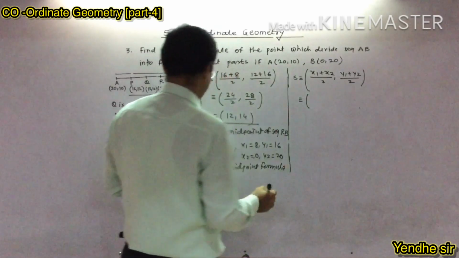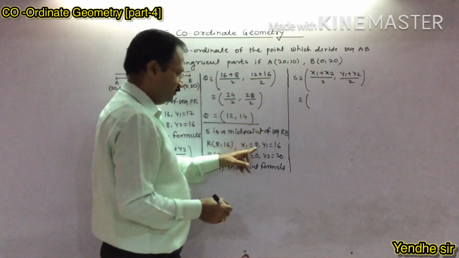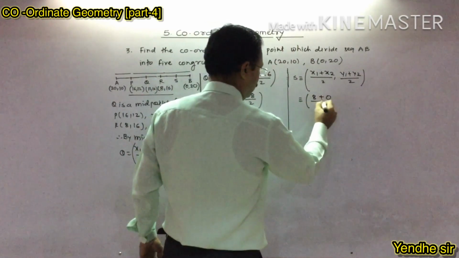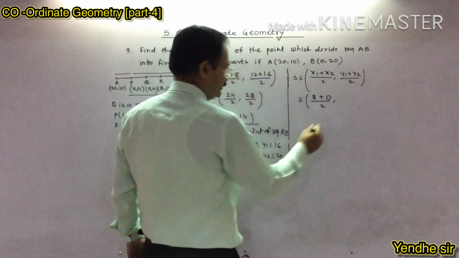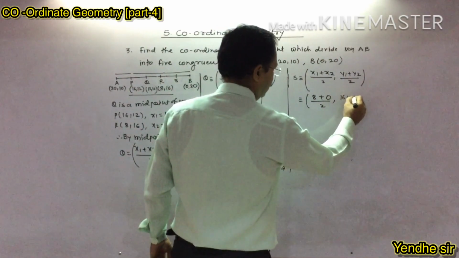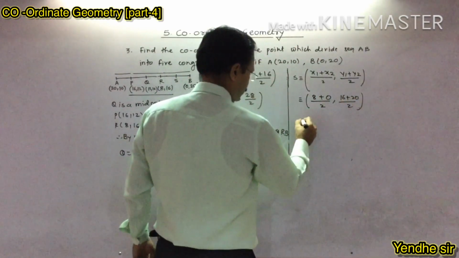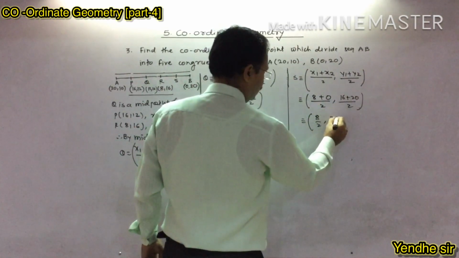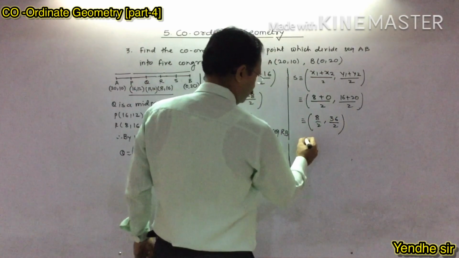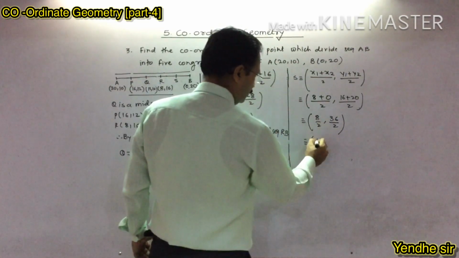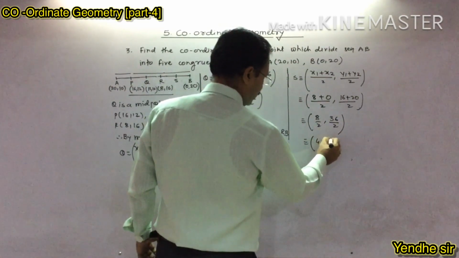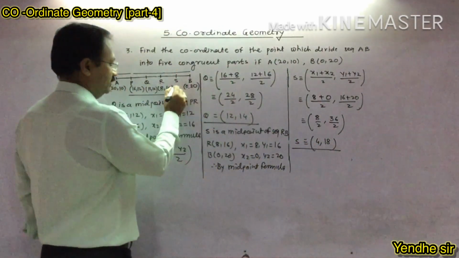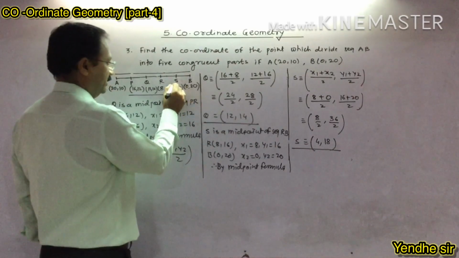Now substitute: x1 is 8 and x2 is 0, 8 plus 0 upon 2, y1 is 16 plus 20 upon 2. Here we will get 8 upon 2 and this is 36 upon 2. The values are 4 and 18. These are the coordinates of point S, 4 and 18.